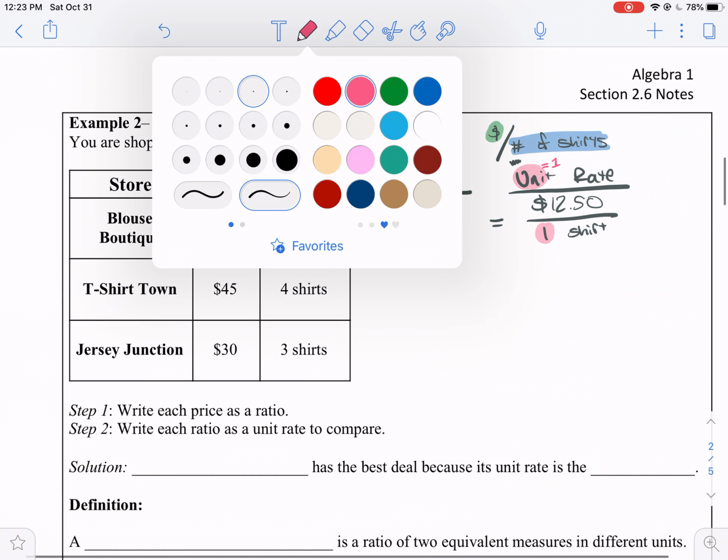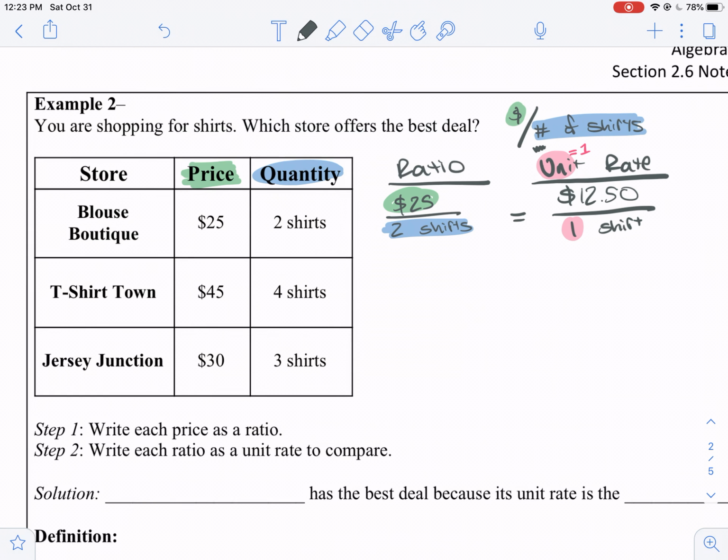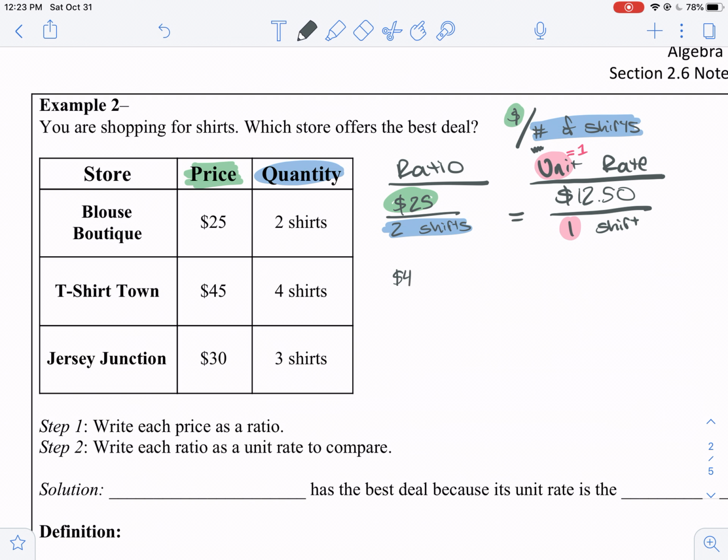We create a ratio, and for T-shirt Town, we know that if we spend $45, we will get 4 shirts. And our unit rate there, our price for every 1 shirt, is $11.25. Awesome.